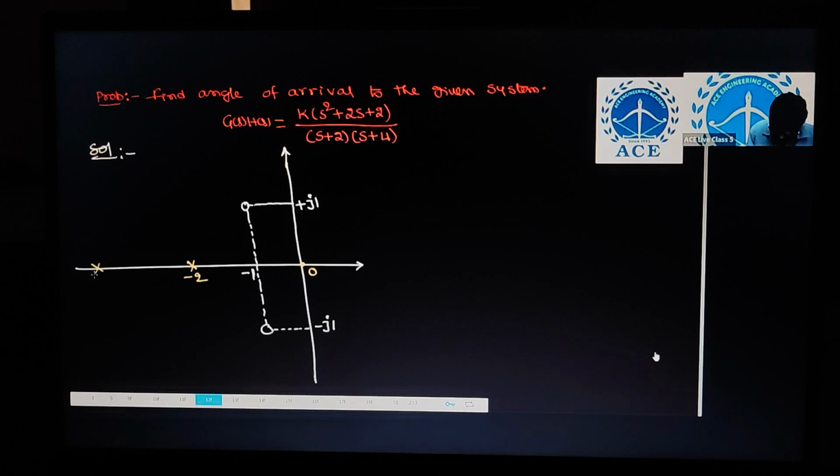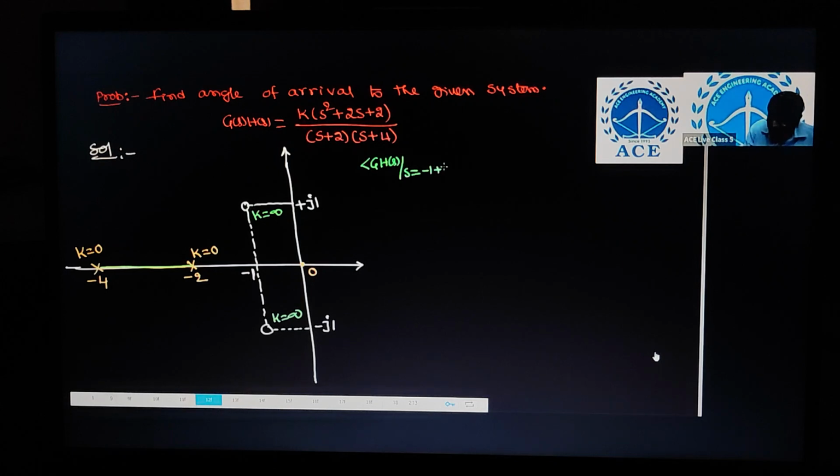Poles were at -2, another pole at -4. Here is a root locus branch. Here K is infinity, so this is positive imaginary.